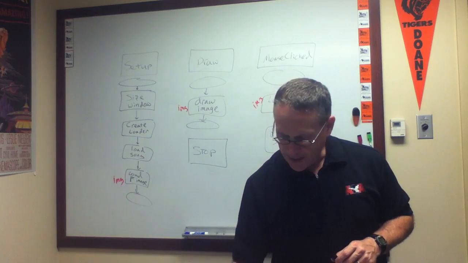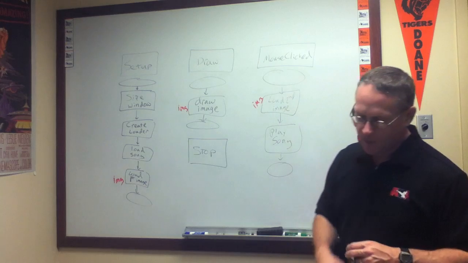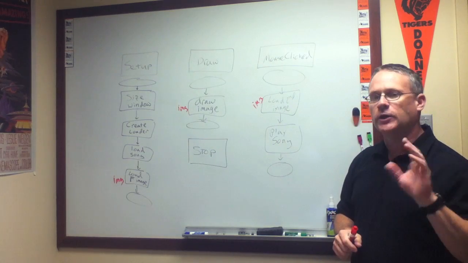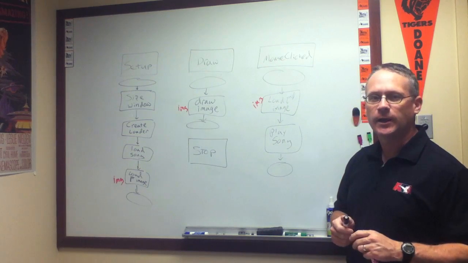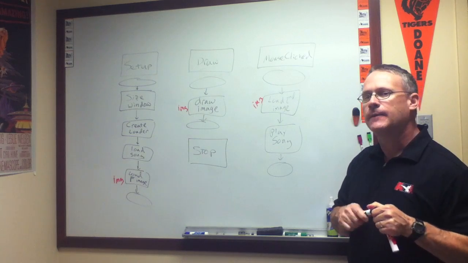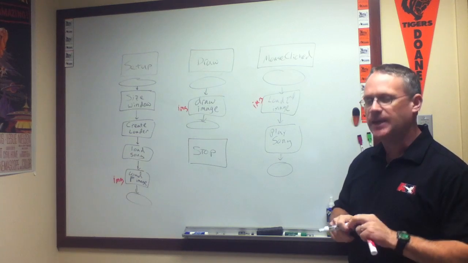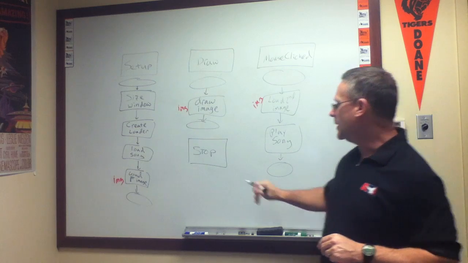The last piece then is our stop. What we're going to do there is close the audio player, and then stop the minim object, and then any other shutdown stuff that needs to be done.